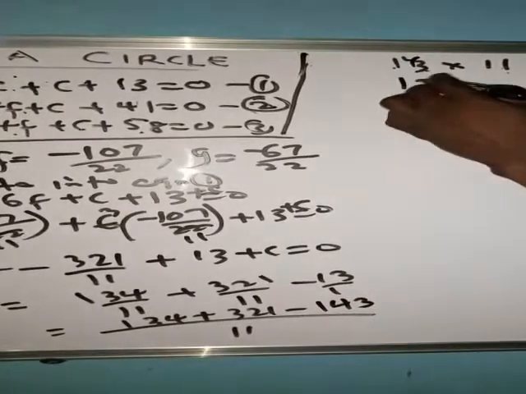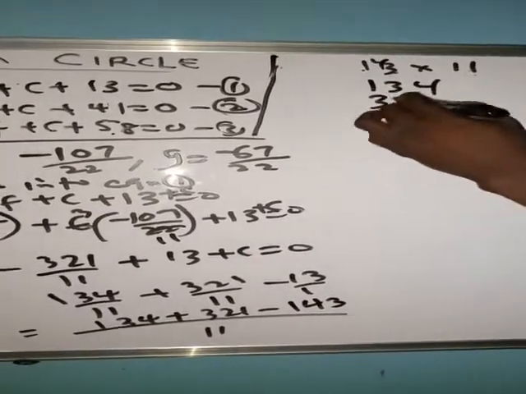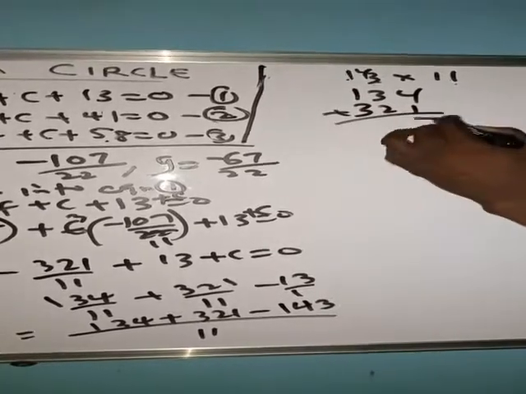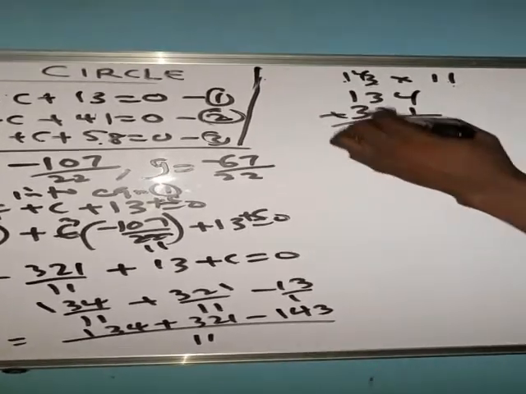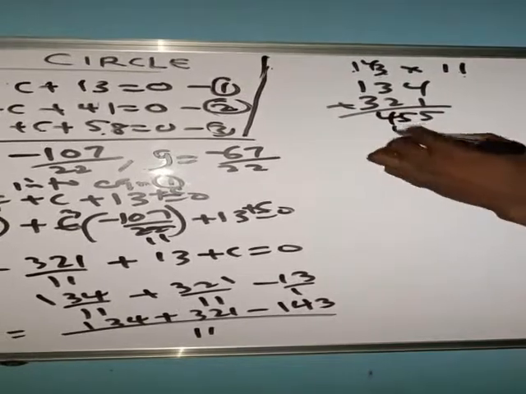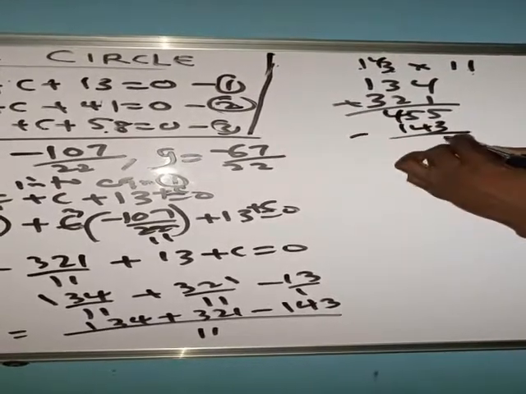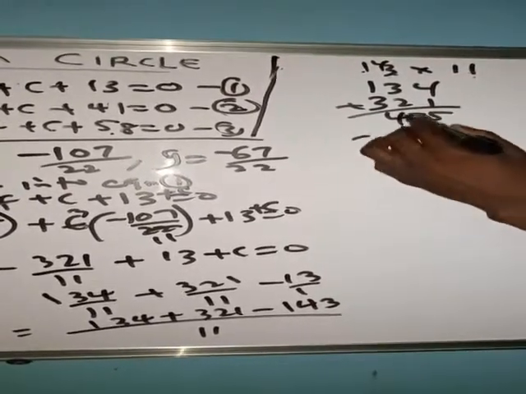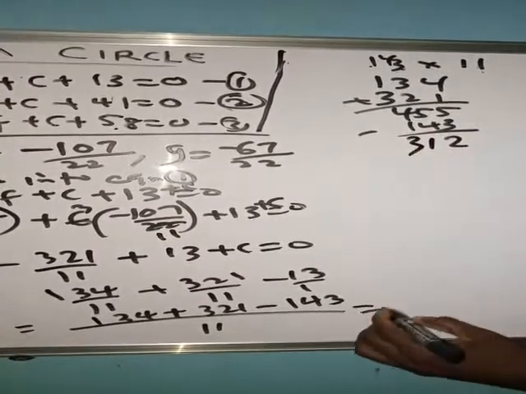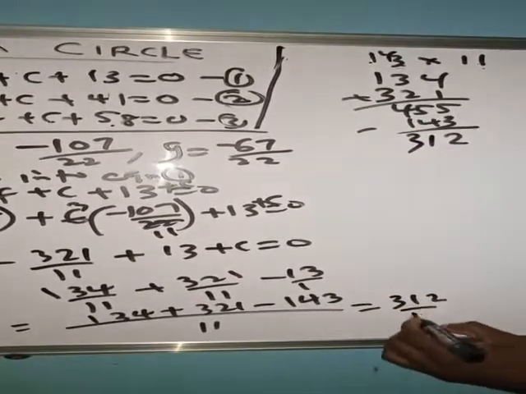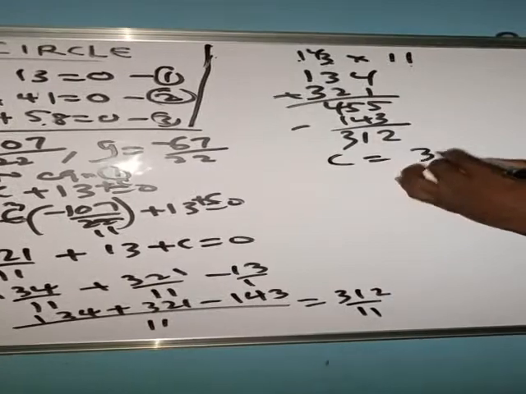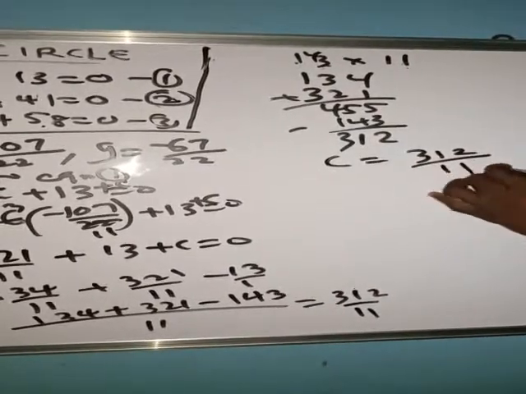So 134 plus 321. 4 plus 1 is 5, 3 plus 2, 5, 1 plus 3 is 4. Then subtract 143. 5 minus 3 is 2, 5 minus 4 is 1, 4 minus 1 is 3. So we have 312 over 11. So C is 312 over 11.